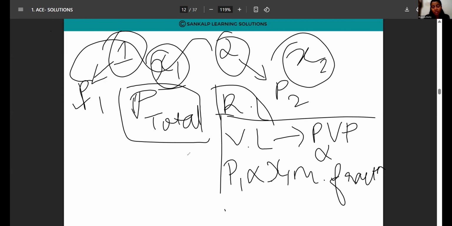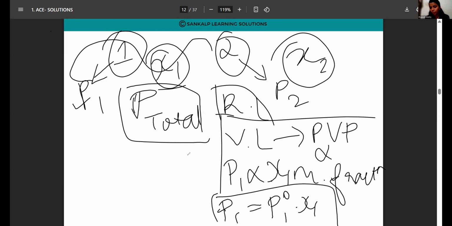We'll be considering the vapor pressure of the pure component. So P1 is equal to P1 naught into X1. Consider this as equation 1.